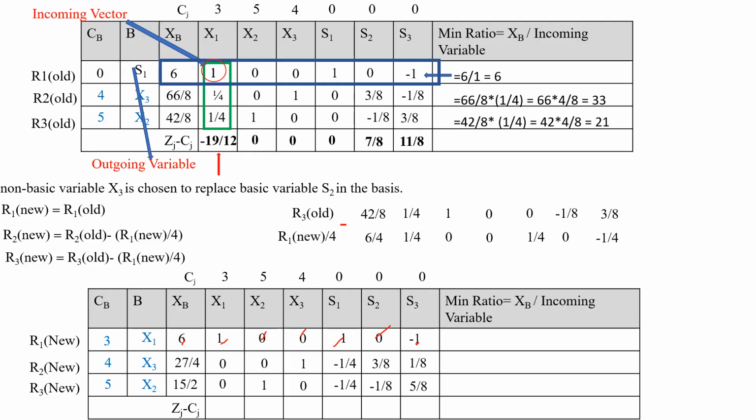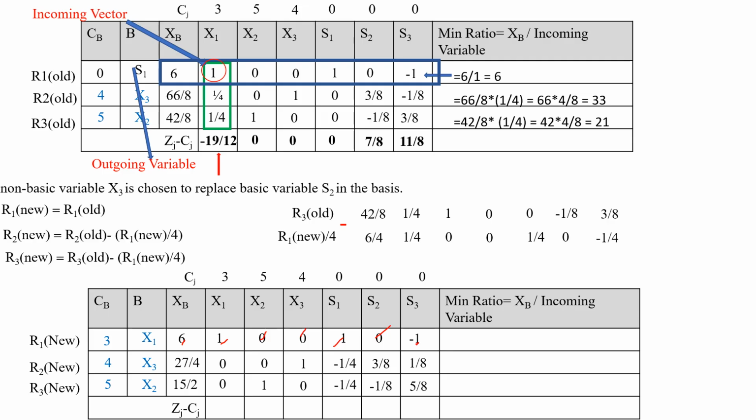So next I have to perform R3 old minus R1 new divided by 4, that is 42 by 8 minus 6 by 4. So LCM is 8, then 42 minus 12 divided by 8 is 30 by 8, which will become 15 by 2.